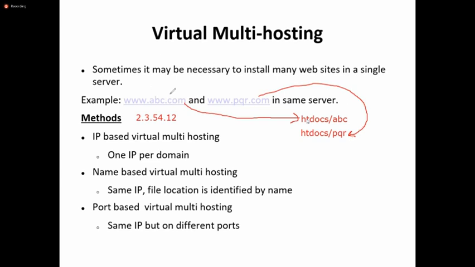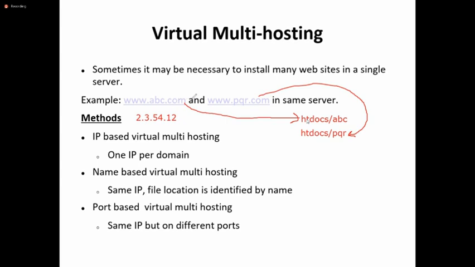So if someone types abc.com from outside, right, now both are having the same IP. So all requests will come to the same IP, right? So now how to identify where to send the traffic, this one or this one? How? So that will be done based on this name, right? So if someone types abc.com, it will come to this IP, the request, right?